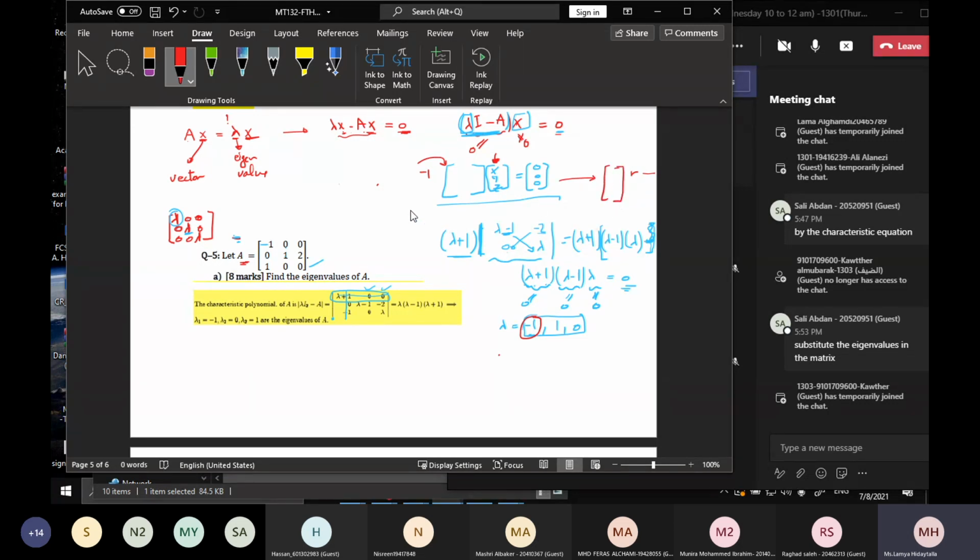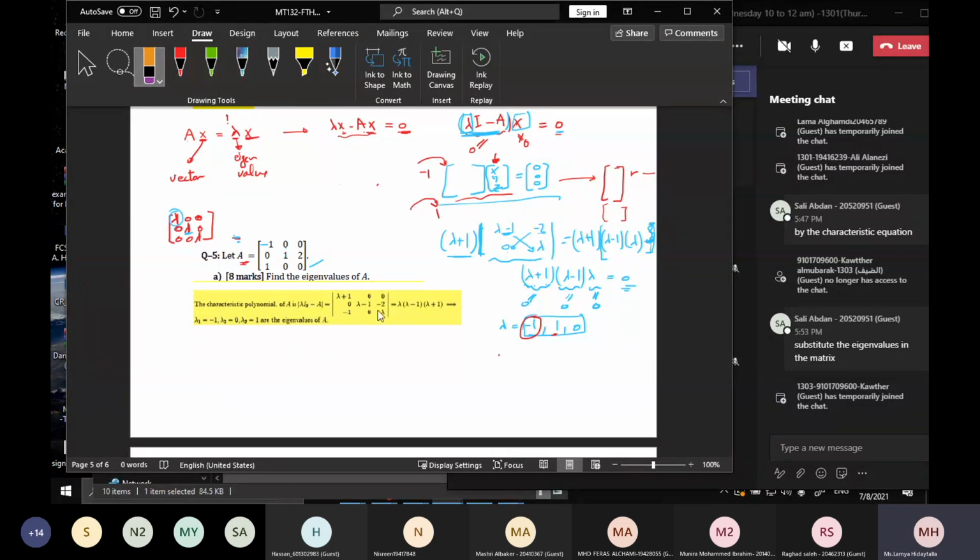Second time you come and substitute in the same place lambda equals 1 and then find another corresponding eigenvector, and so on. This is how you can find the eigenvectors. Clear? Okay, let's do some.